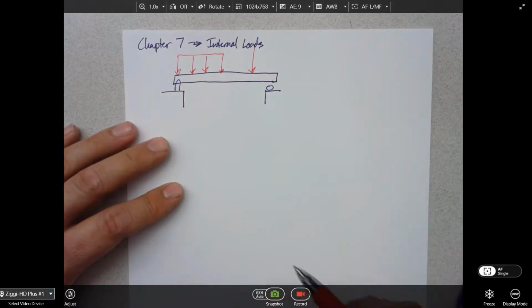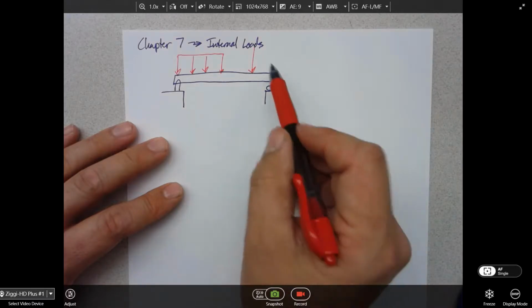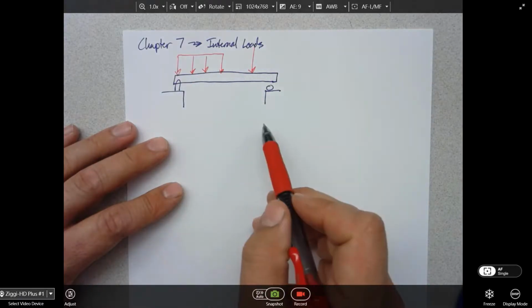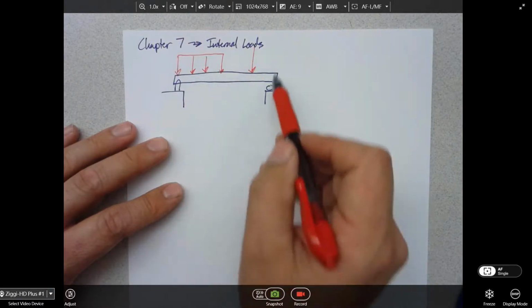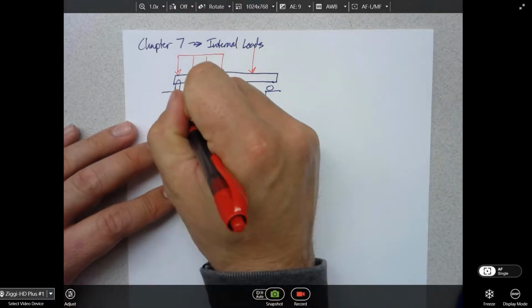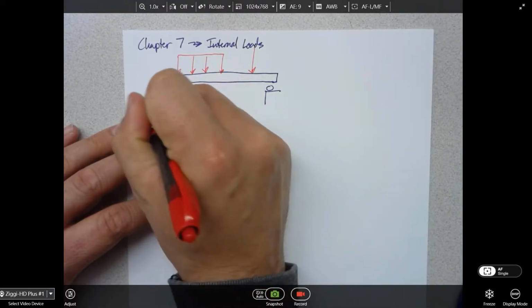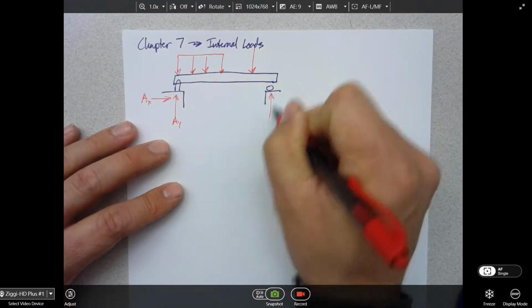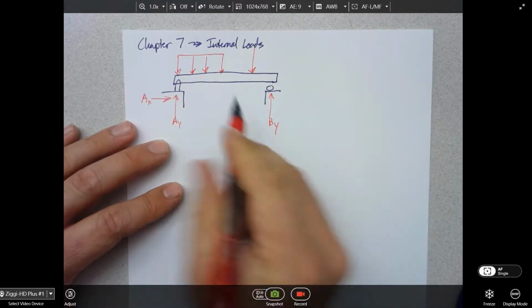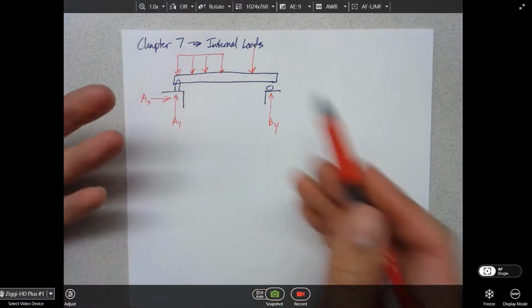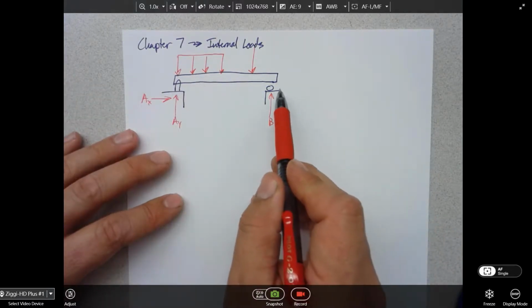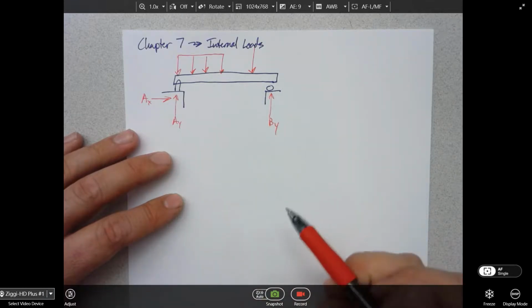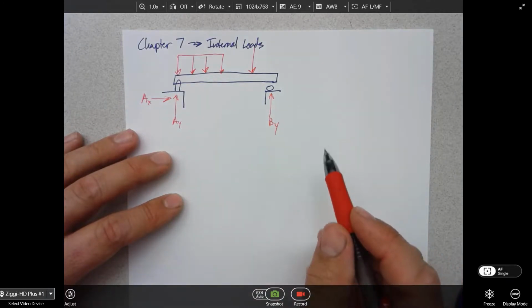We probably need some numbers to do that, but so far all we can do is figure out the reactions at A, AX and AY, and maybe BY. But we don't talk at all about whether this 2x4 is going to carry the million pounds that we put on it.